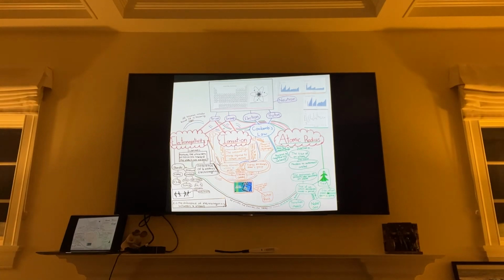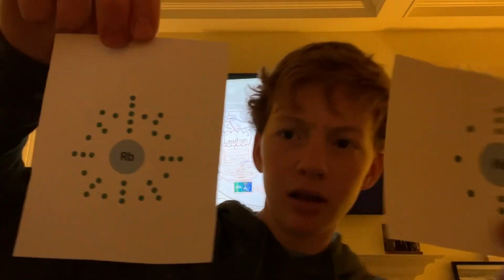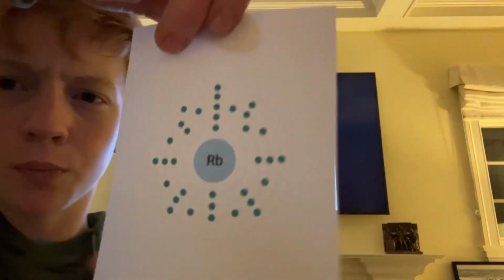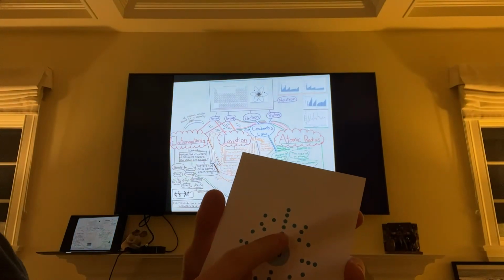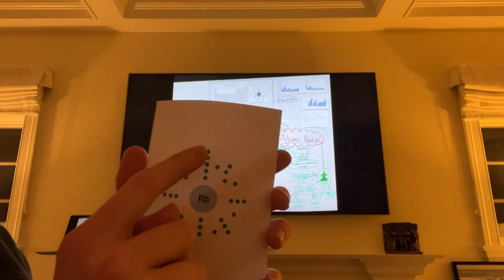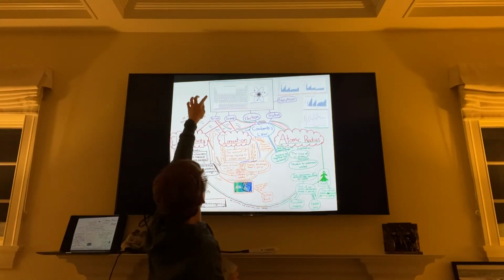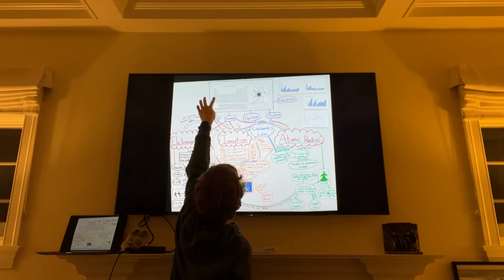And then I have a picture here that demonstrates that. You can see rubidium here. So it obviously has 5 different shells, and the outermost shell, which represents the fifth period here, is rubidium.